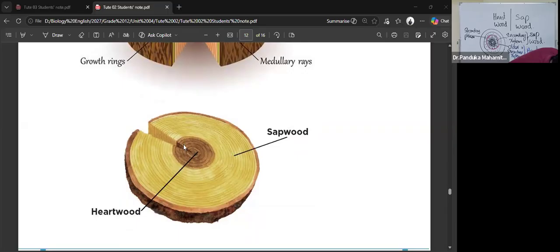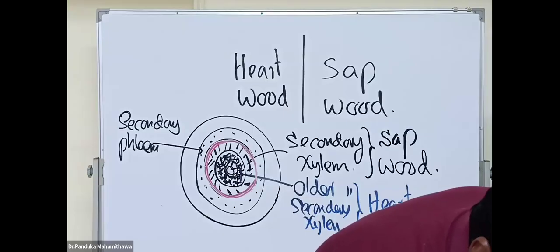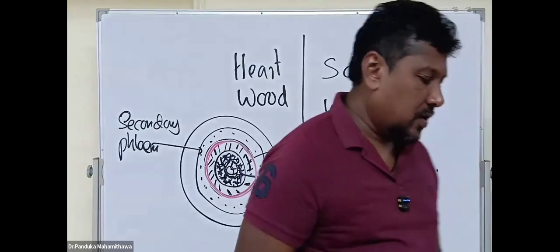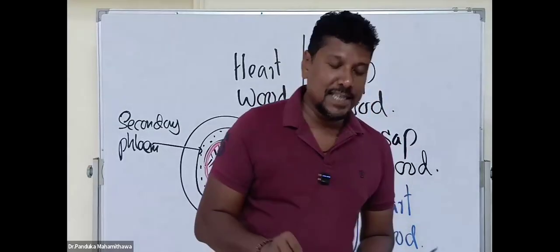The cell cavities, the vessel elements and the tracheids, are all filled with resins and other compounds. Okay, right. That is the story of the hardwood and sapwood.